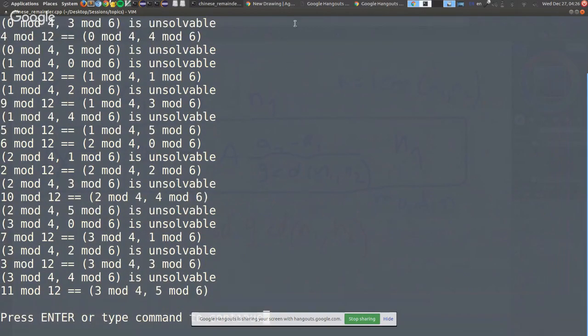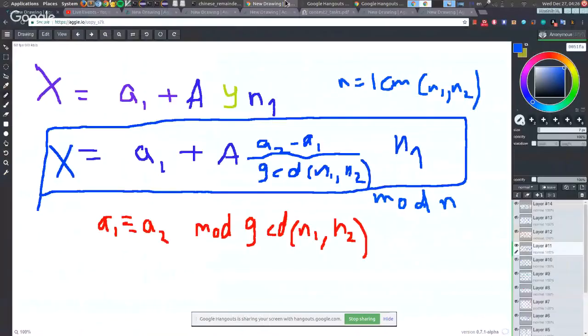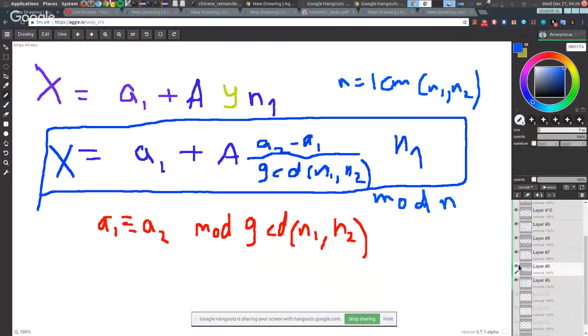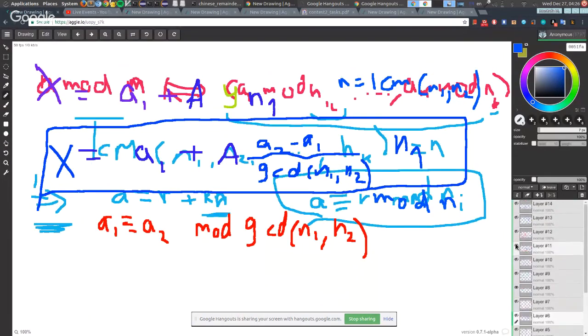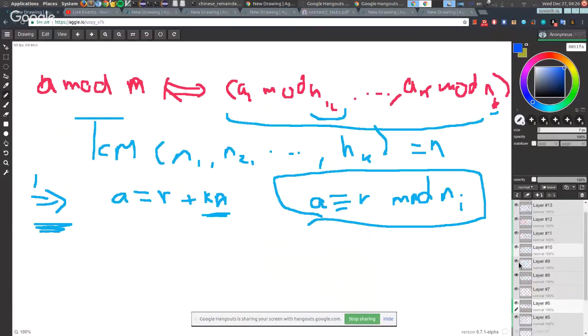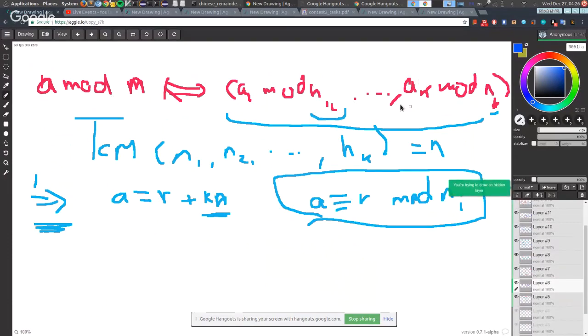So using the Chinese remainder theorem, this construction makes the back transformation that we wanted earlier. So from this we can now go back to this transformation.